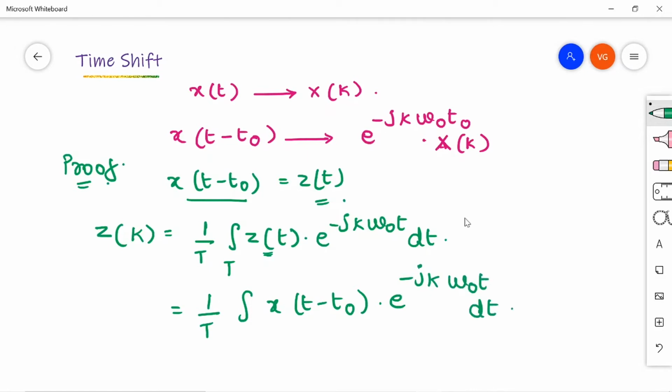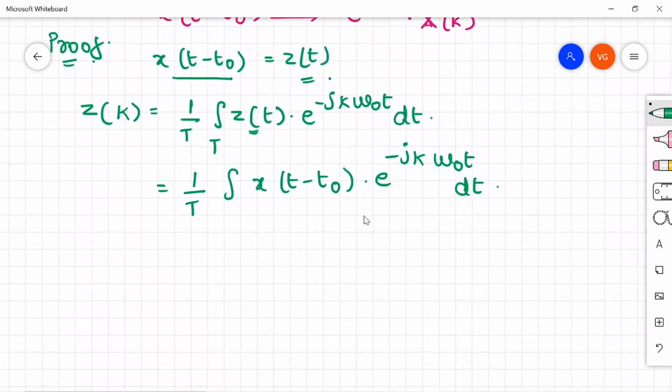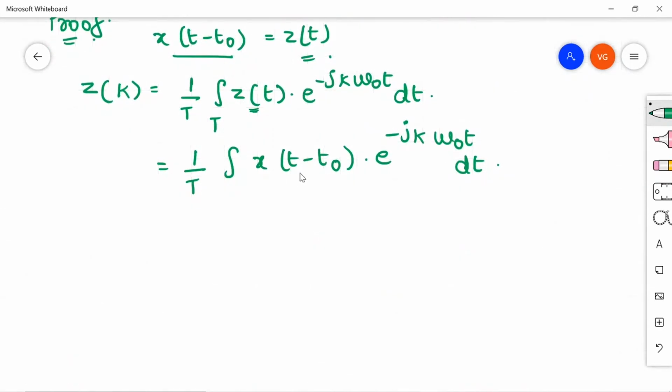Now you can simplify this integration. In the previous case we had a summation, so simply we divided the integration over the summation, but here we have only one term, x of t minus t naught. So let us call this t minus t naught as lambda, right? Now you find out what this dt value is. So apply differentiation on both sides.